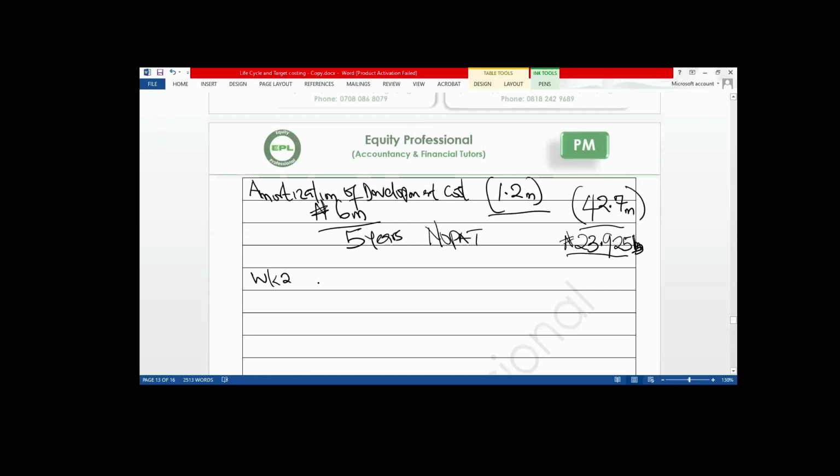Second working: get your adjusted capital employed. You are going to pick opening capital employed. Now go and check the question. You are given capital employed based on published accounts, and also capital employed based on regulator valuation.